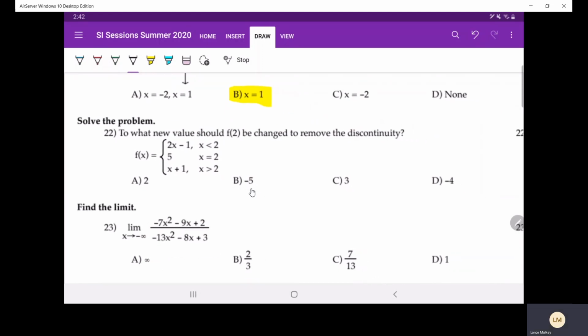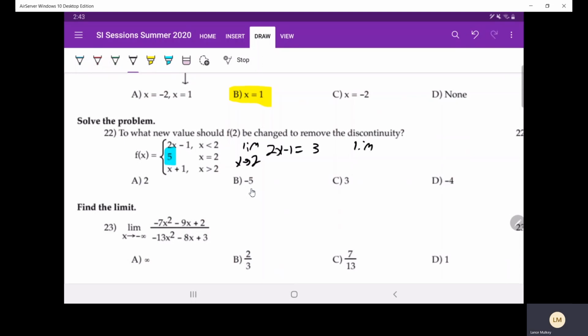To what new value should f of 2 be changed to remove the discontinuity? They want to change this value right there. So we need to find the limit as x approaches 2 of x minus 1. It equals negative 3. No, 3.